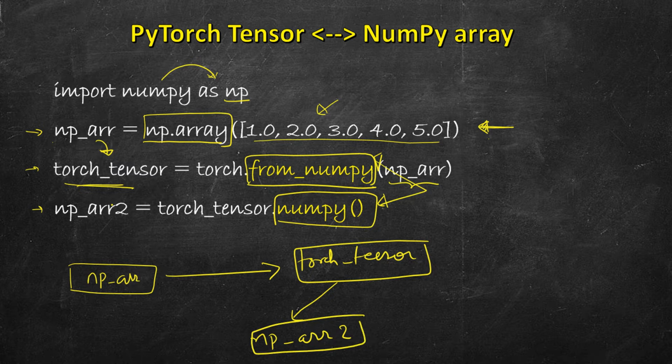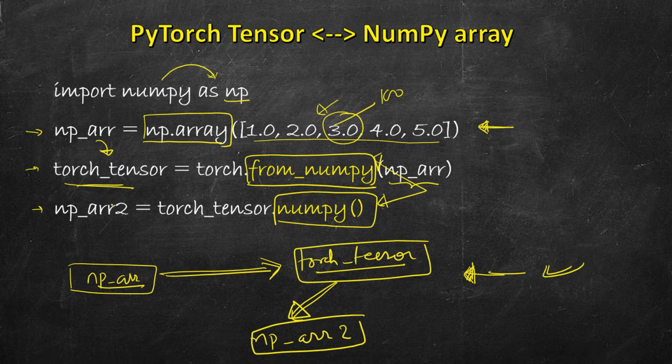If we change, let's say, this 3 to 100 in np array 2, then it will be reflected in the torch tensor and the np array also. So changes in one are reflected in the others, and we will see an example of this in our demo code at the end of this lesson.